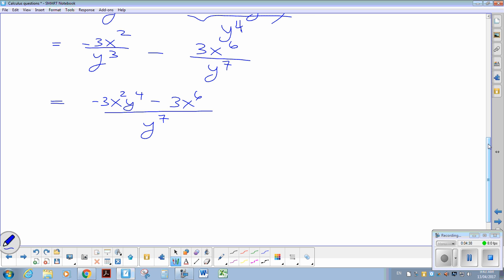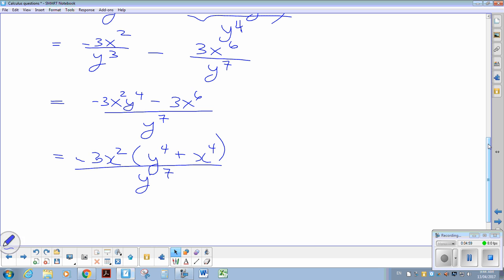That one already had a y to the 7th. Now on top, I'm going to take out a negative 3x squared, which will leave me with y to the 4th plus x to the 4th over y to the 7th.